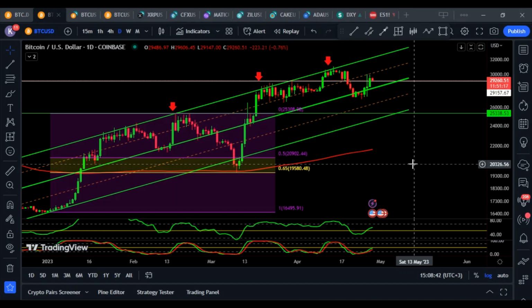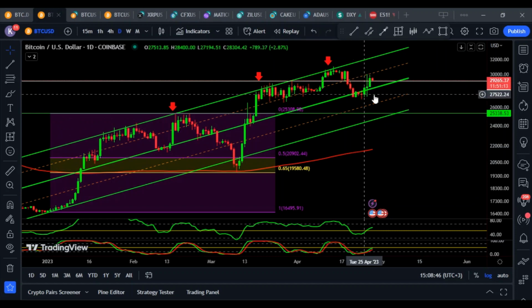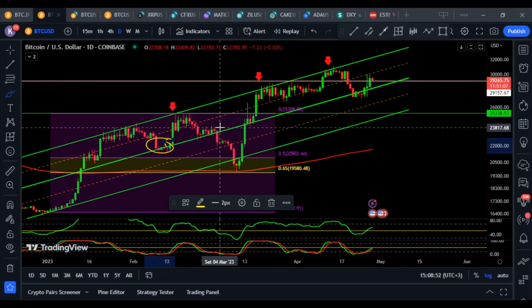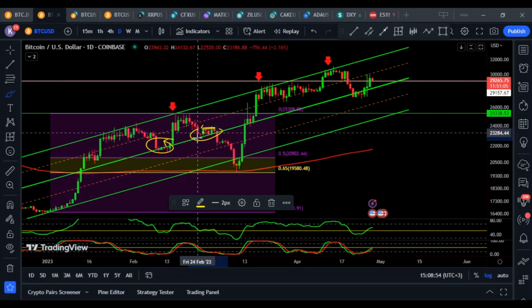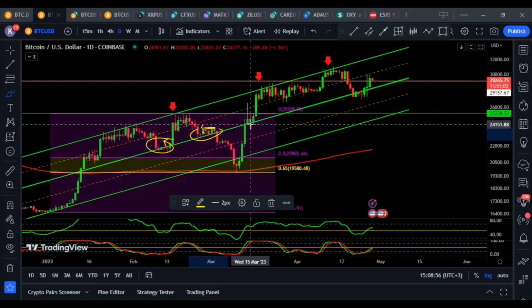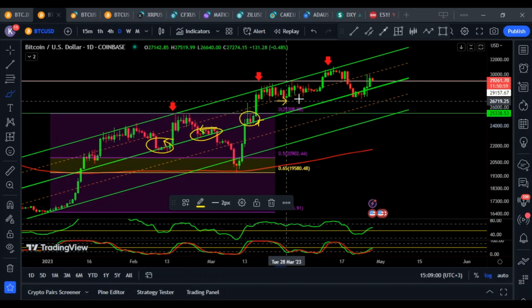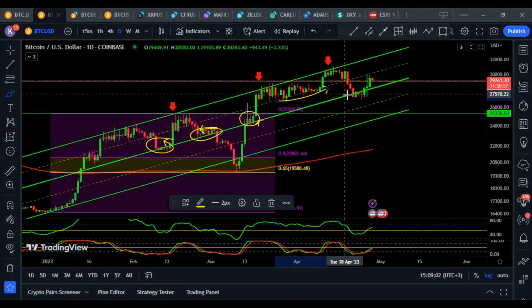So our parallel channels by now. You know that we have been respected here, we have been respected here, this very bottom again acting as a support, and bursting from this bottom into the middle here acted as a support for us.